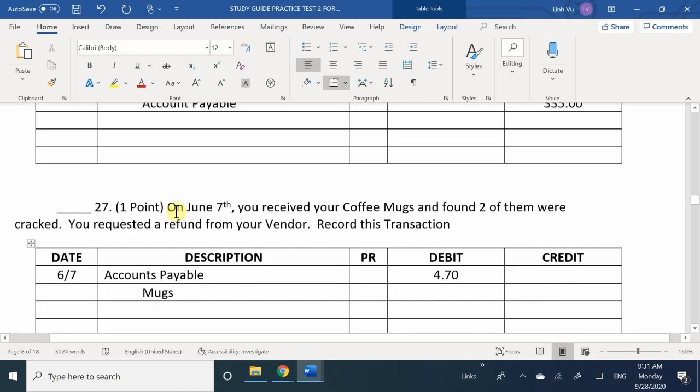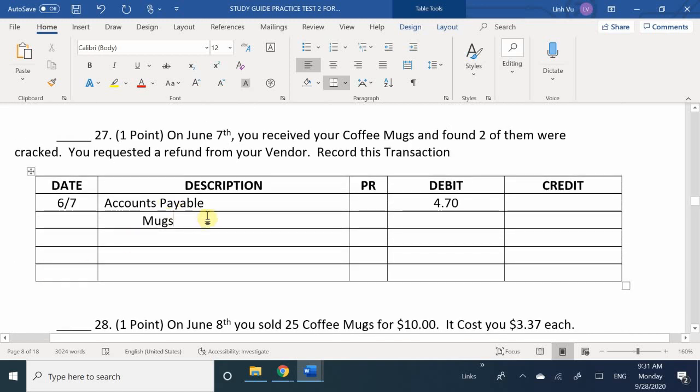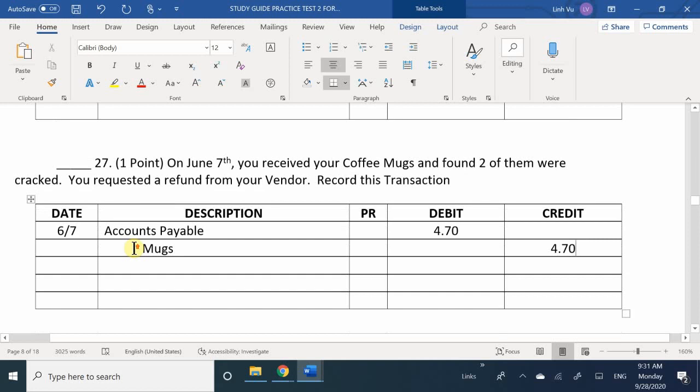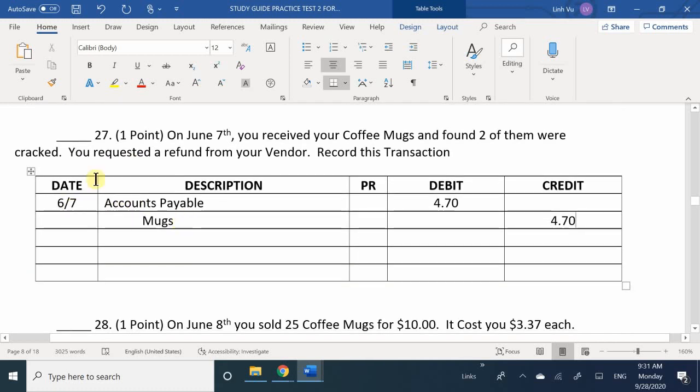It's already there. Since I placed it there, and not in a purchase expense or anything like that, I now need to decrease my inventory because I no longer have 100. I'm subtracting 2 out of it, and the cost of those 2 mugs was $4.70 total. Good. All right, any questions in regards to this little thing here?